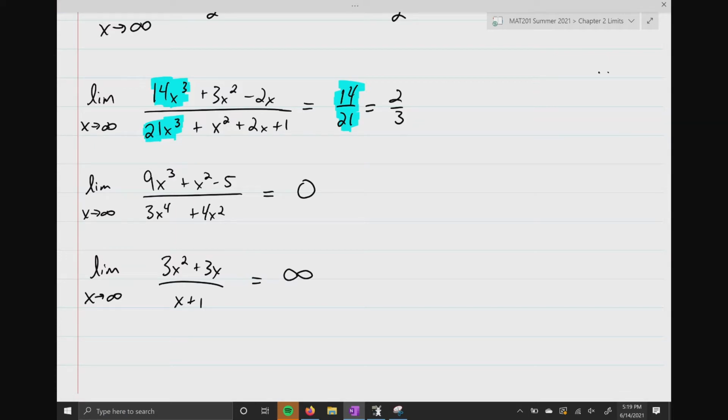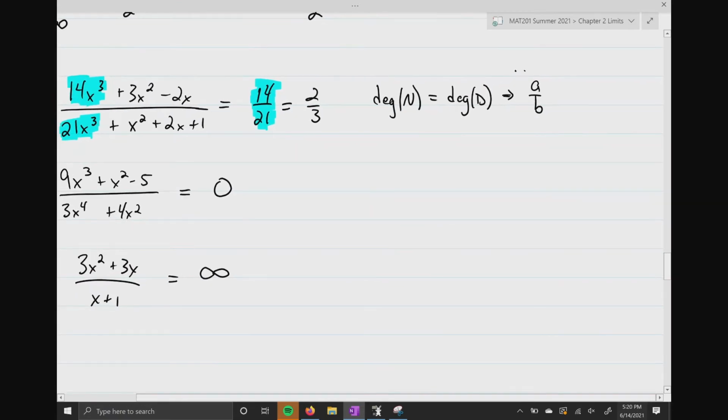That only happens, like I said, when your degree of the numerator equals the degree of your denominator. Okay? That means your limit is going to equal a over b, where it's the leading coefficients of those leading terms.